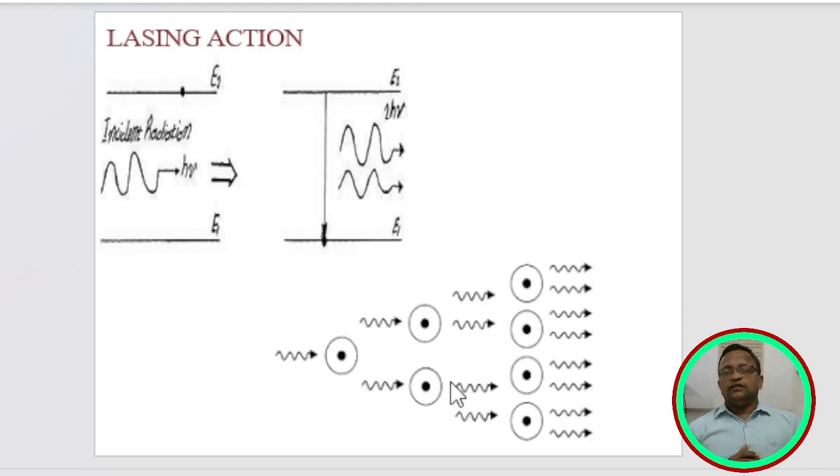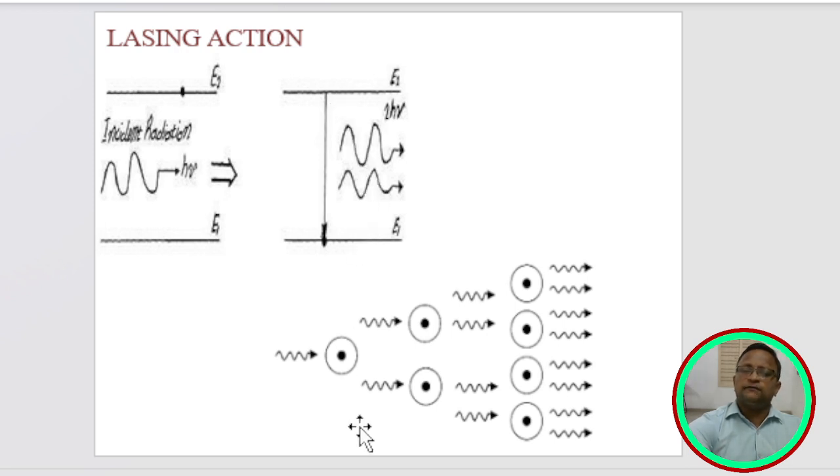Here in this slide, we are showing how the lasing action takes place. This is the diagram which we already saw in the stimulated emission process. After the population inversion is achieved, the electrons from the ground level reach the higher energy level. They stimulate the excited electron or excited atom.